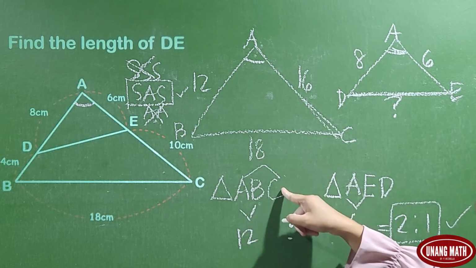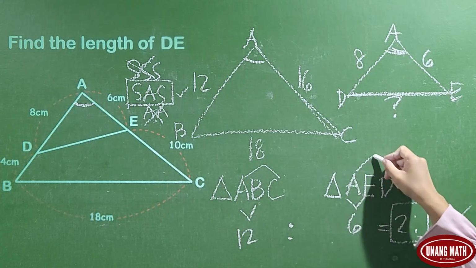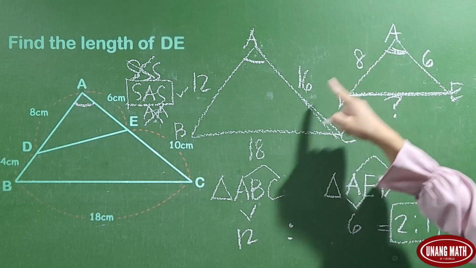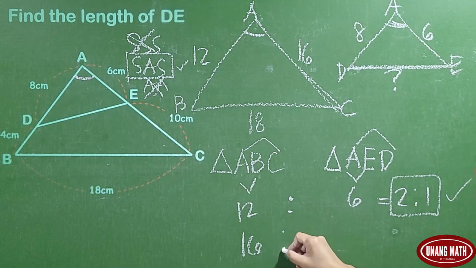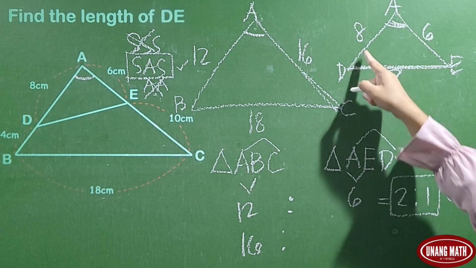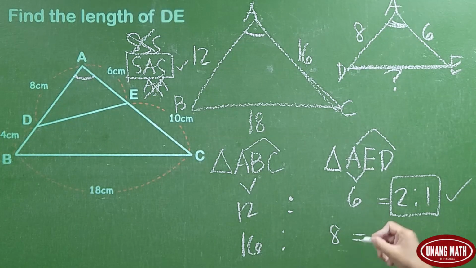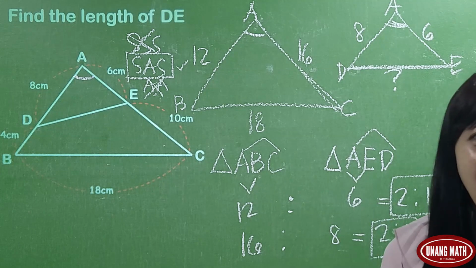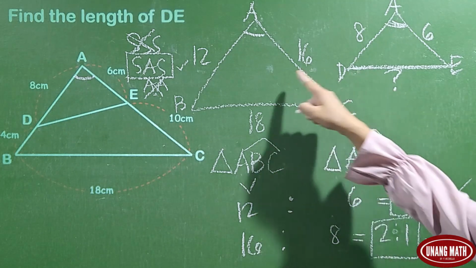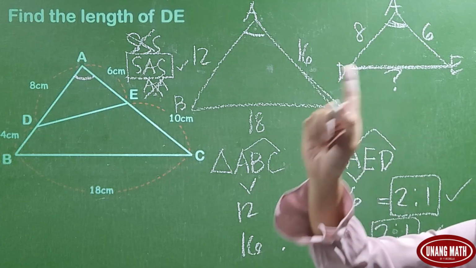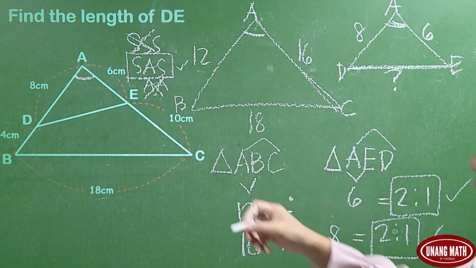Side AC corresponds to side AD. AC is 16 centimeters, AD is 8 centimeters, and if we simplify, this is also 2 is to 1. So the ratios of the lengths of the two corresponding sides are equal or constant, which means these two triangles are similar figures.